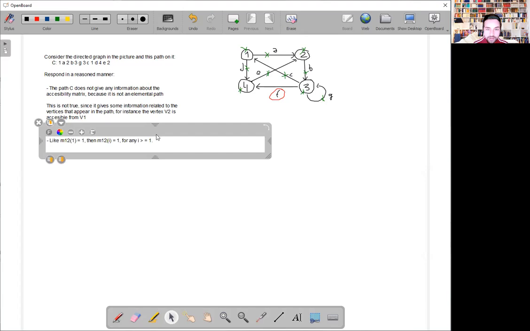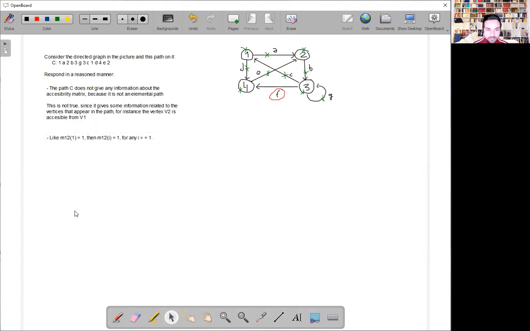The second question is: if the position 1, 2 of the accessibility matrix of order 1 is equal to 1, then the position 1, 2 will be 1 for any accessibility matrix.